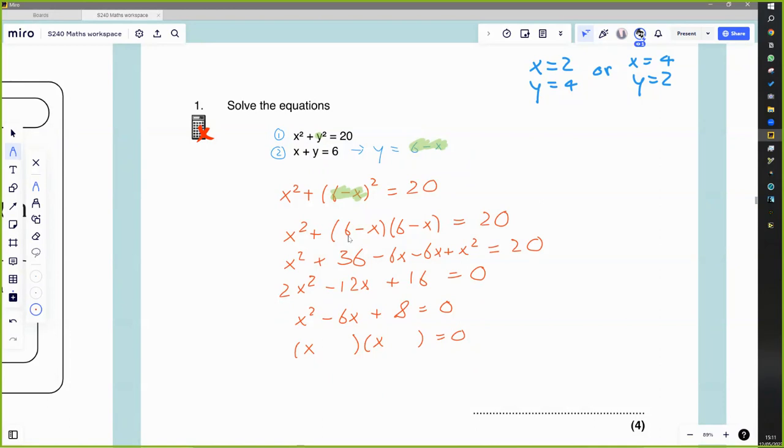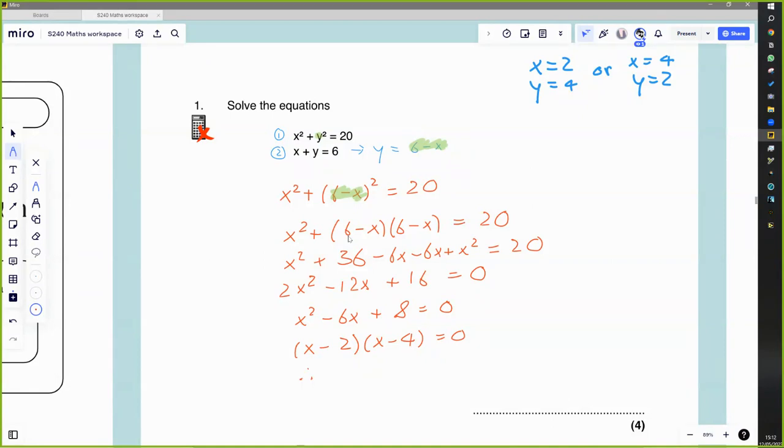They have to be two negative numbers, because two negative numbers, when multiplied, produce a positive number, and when added produce a negative number. So the numbers would be negative 2 and negative 4. So we've got x minus 2 multiplied by x minus 4 is equal to 0.